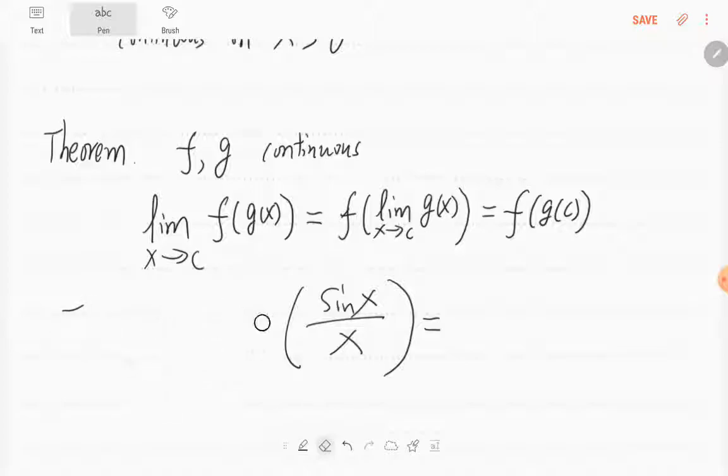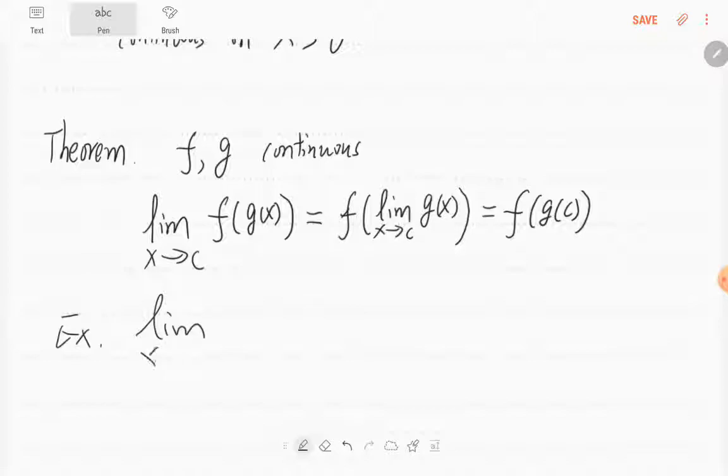Let's look at another example: the limit as x approaches 0 of cosine of x squared plus 1.